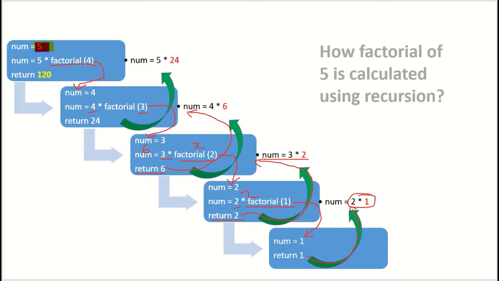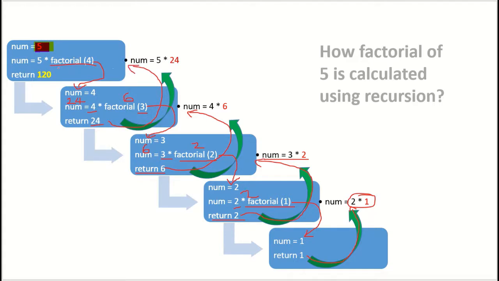Now the factorial of 3 is 6, so 4 star 6 will be calculated. The result is 24, and 24 is saved in num, and it is returning the value of num, that is 24, back to the function from which it is called.